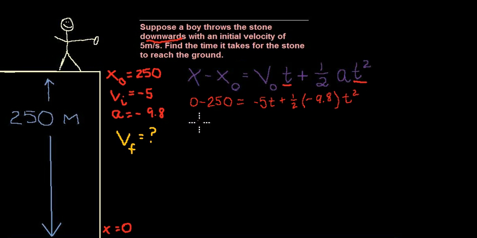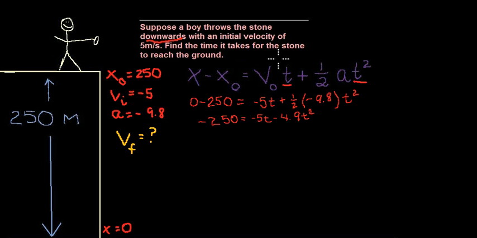Let's really quickly simplify this. We get negative 250 equals negative 5t minus 4.9 t squared.